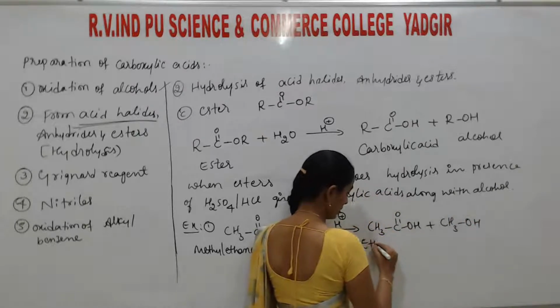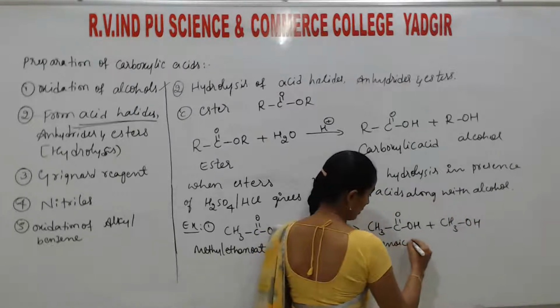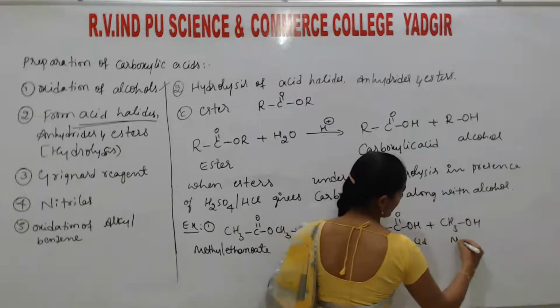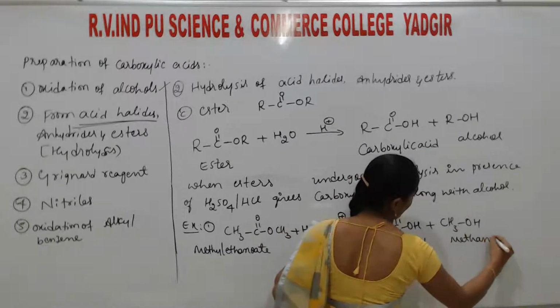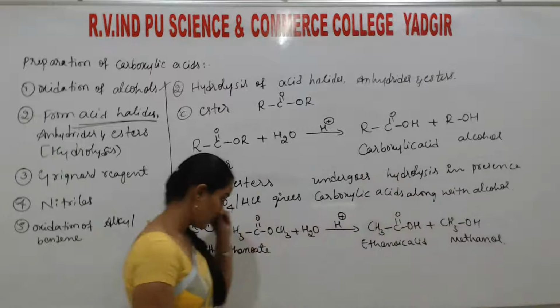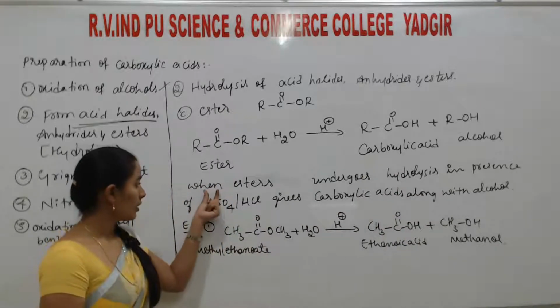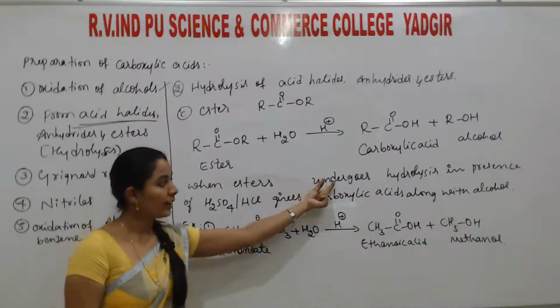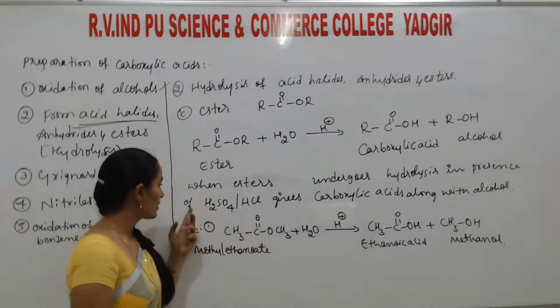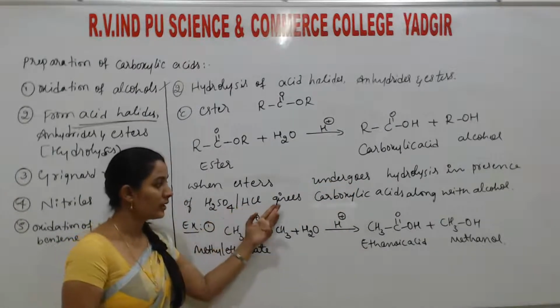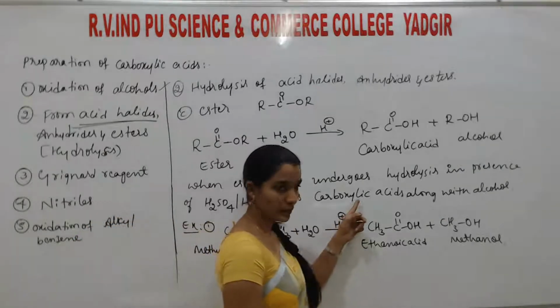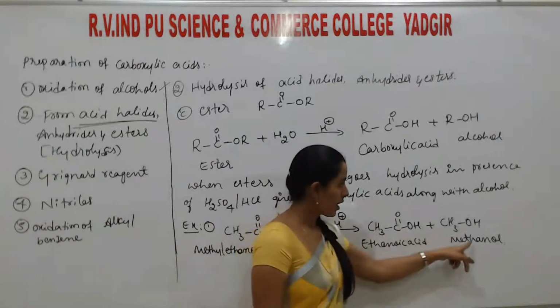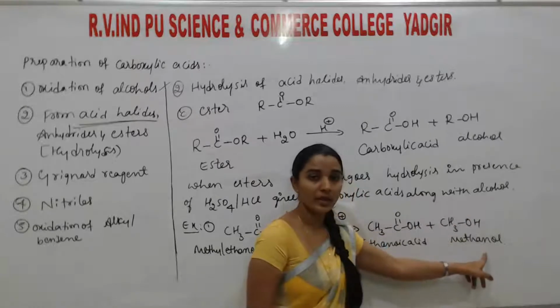This is ethanoic acid and this one is methanol. So students, how can you write it? When methyl ethanoate ester undergoes hydrolysis in presence of H2SO4 or HCl, it gives ethanoic acid in the place of carboxylic acid, along with alcohol, that is methanol.